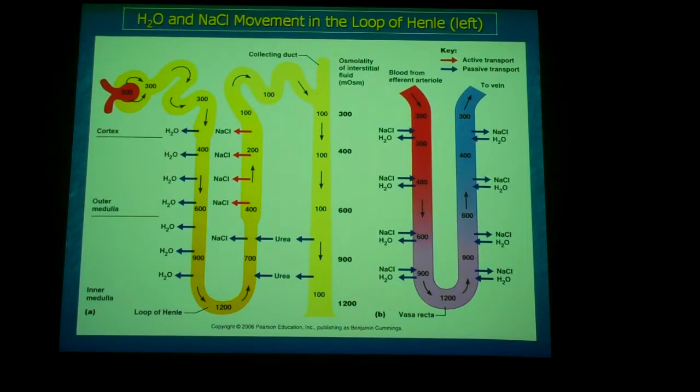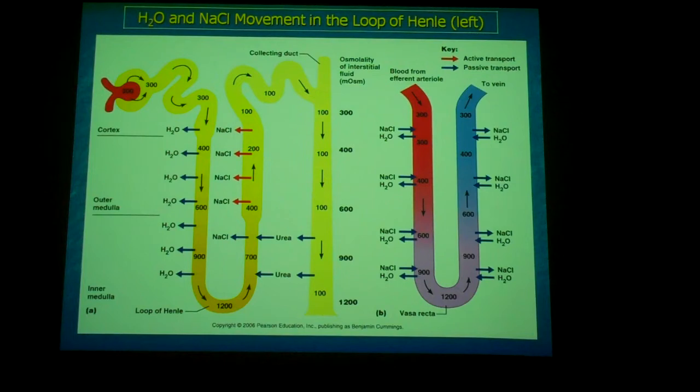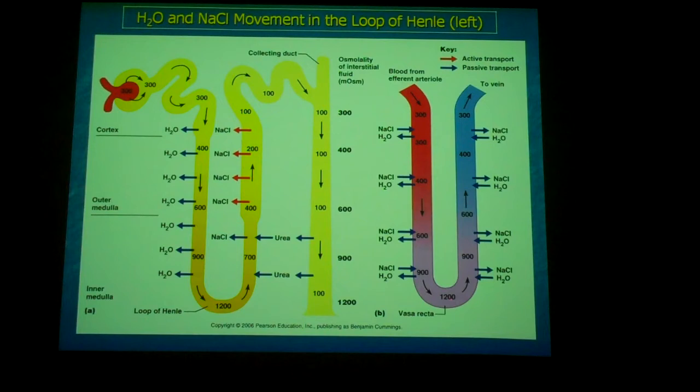All right. Now you've got to think in two different avenues here, because what's happening here in the blood vessel is different from what's happening here. Unless you are thinking of that, this is going to confuse you. But now, as we go down here, you'll notice that the numbers pretty much are matching this, aren't they?